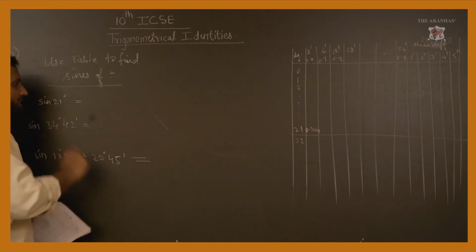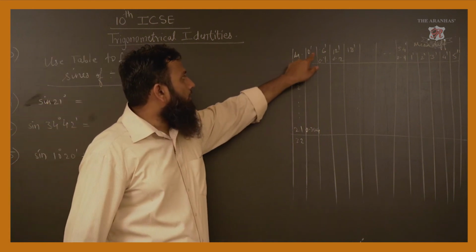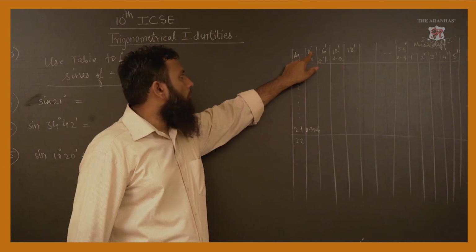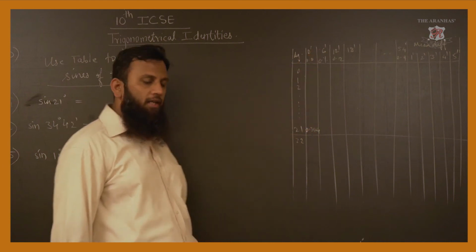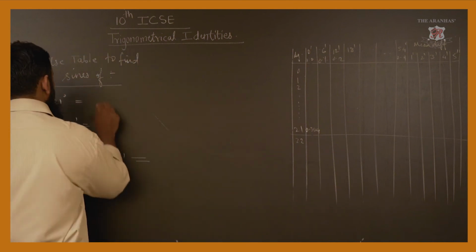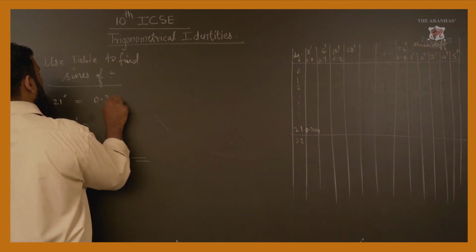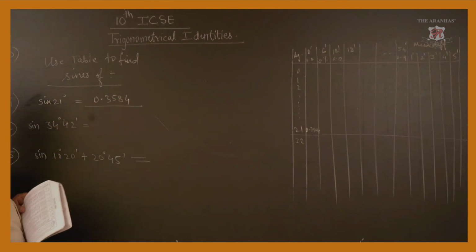So, you keep the scale where you have degree 21 and no minutes are available. So, for 0 minutes you take the value, which comes out to be 0.3584.